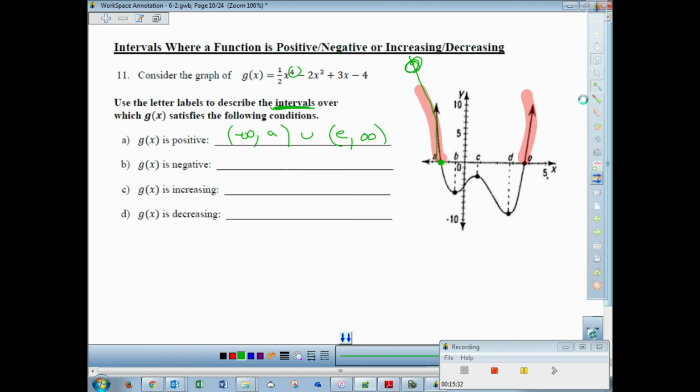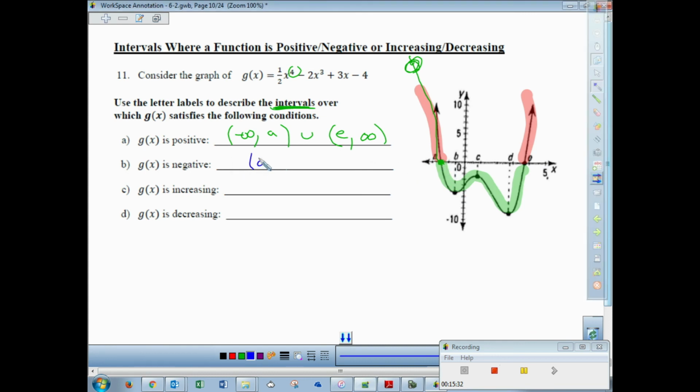So where's he negative at? All of this stuff, where it's below the x-axis, correct? Every y value up here is positive, every y value down here is negative, and every y value right here on the x-axis is 0, right? So where does it start from?